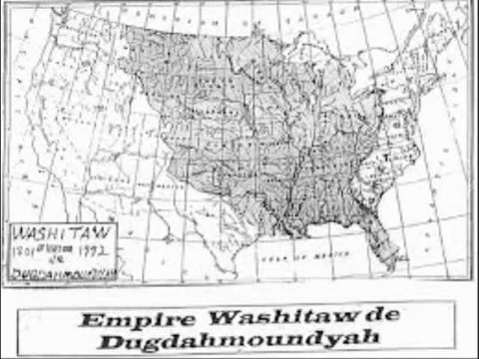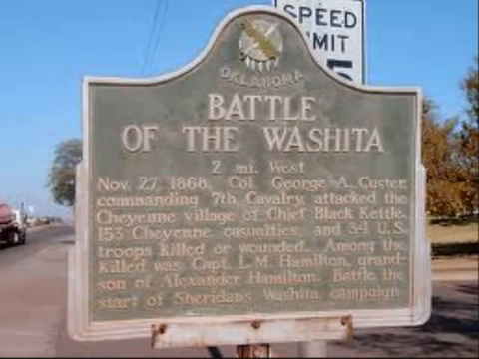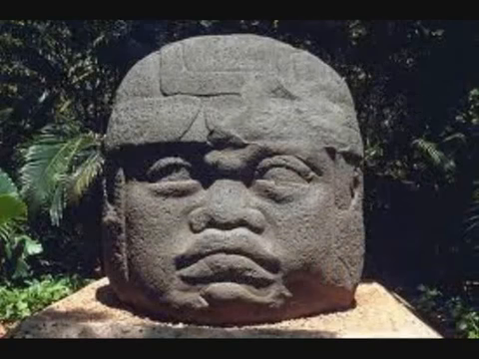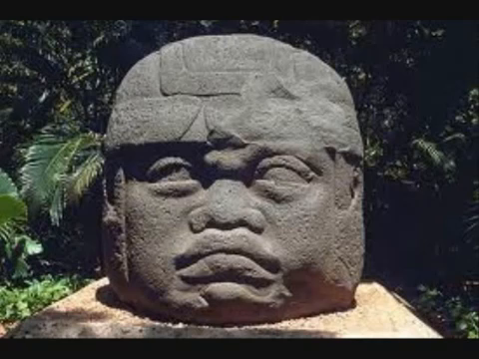The Washita are said to derive their name from the Washita River, which flows out somewhere in Oklahoma. But the Washita are descendants of the Olmec, and they are Malian. We have Malian Moors who came here and mixed with Olmecs. And you got the Washita and those phenotype. The word Washaw means dark skin.